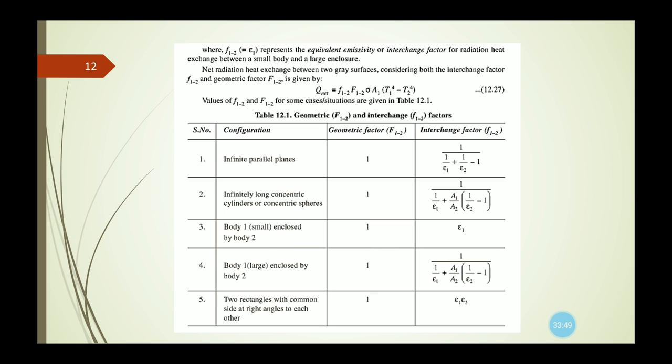So this is the equation considering both the interchange factor and the geometric factor.